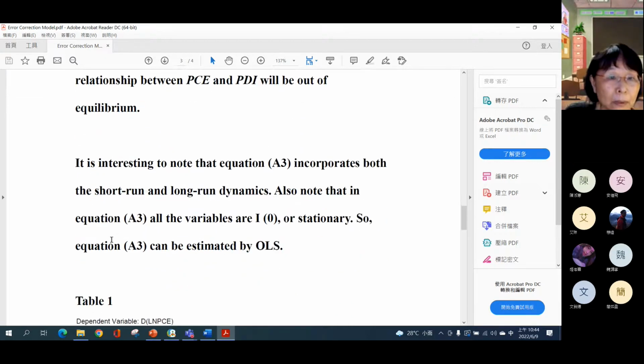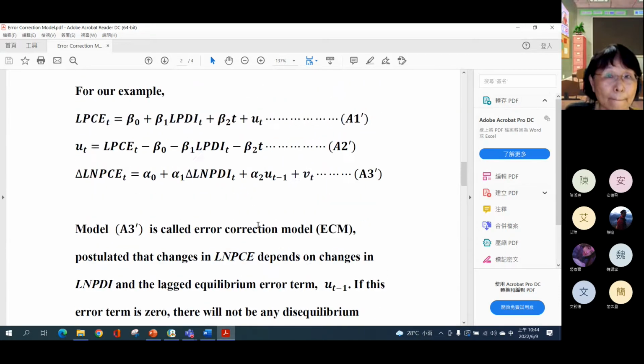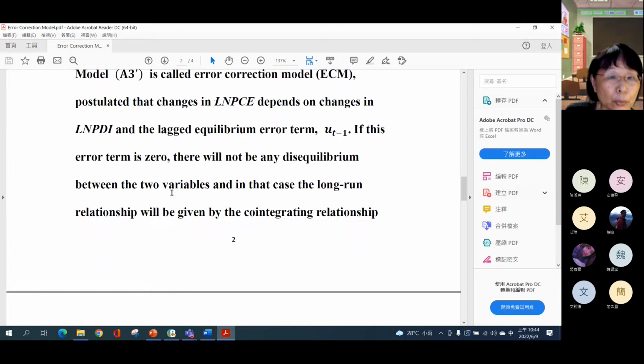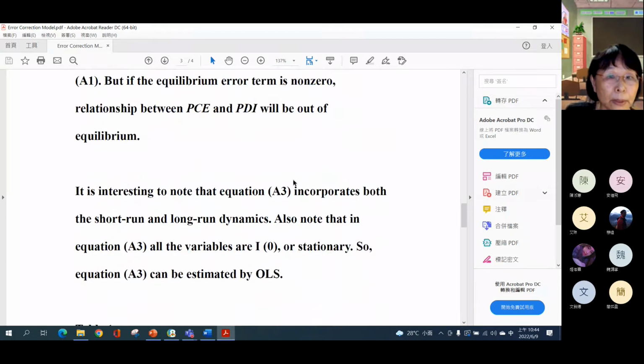And we know that it is interesting to know equation A3, this one, incorporates both the short run and long run dynamics.